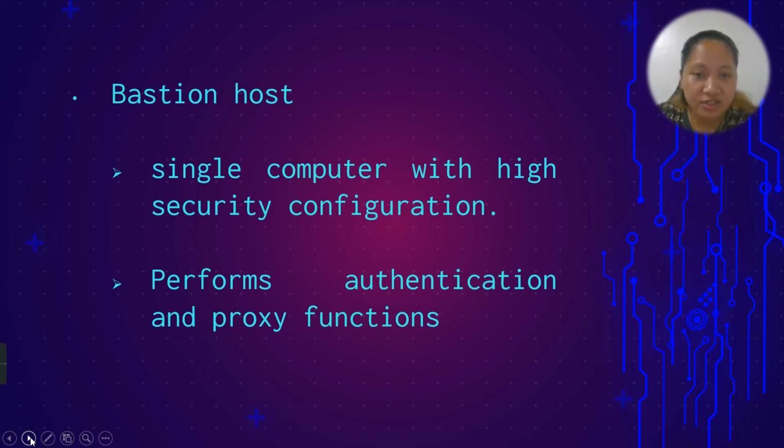Moreover, on the internet, a bastion host is the only host computer that a company allows to be addressed directly from the public network, and it is designed to protect the rest of the network from exploitation.